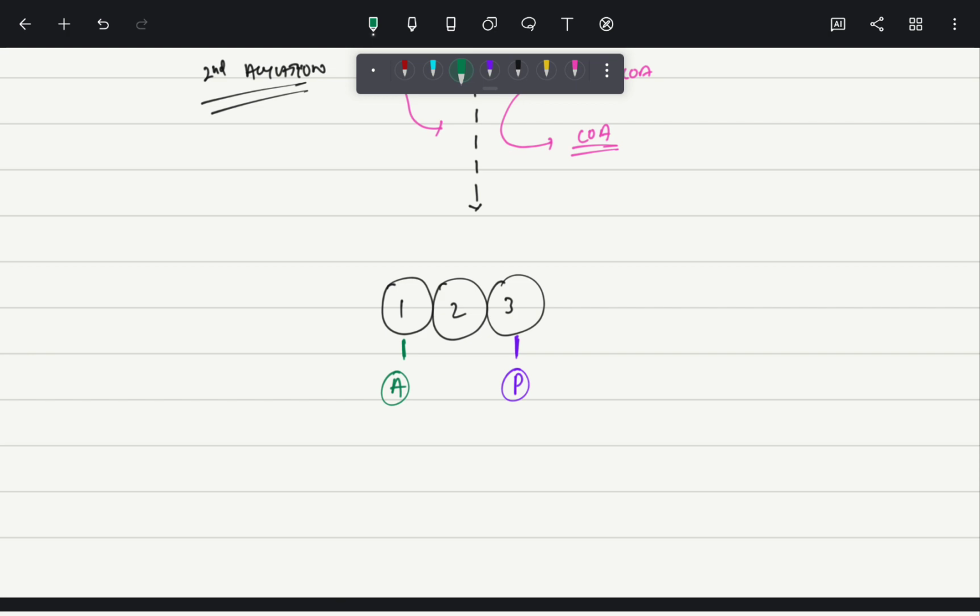Now there was a second acylation going on, and during this step there was addition of acyl group to the second carbon. So what is the new compound name? Let's draw this with a different color here. The new compound name is 1,2-diacyl, because two acyl groups are added to carbon number 1 and 2, hence it is called your 1,2-diacylglycerol.